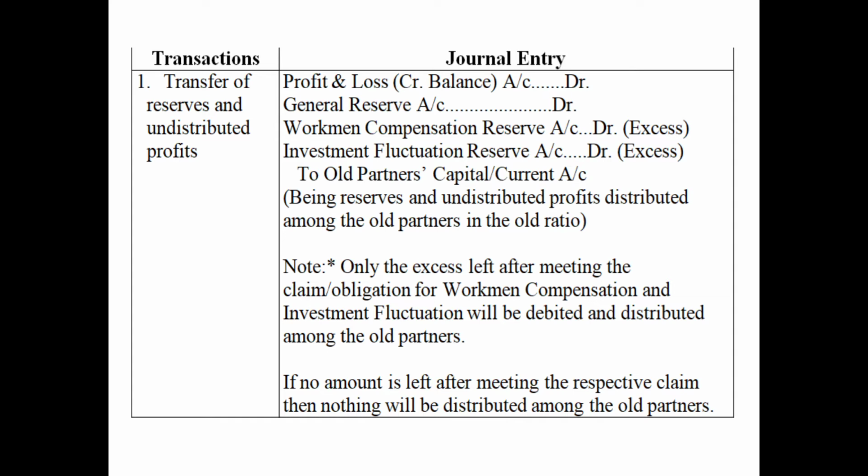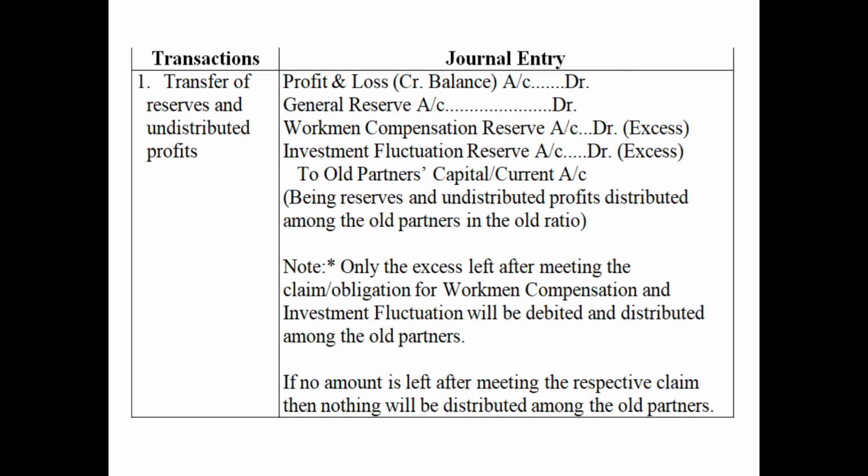The first entry is for transfer of reserves and undistributed profit. Reserves may be given to you by the name of general reserve or workmen compensation reserve or reserve fund or investment fluctuation reserve, etc., or undistributed profit may be given to you as the credit balance of profit and loss account.